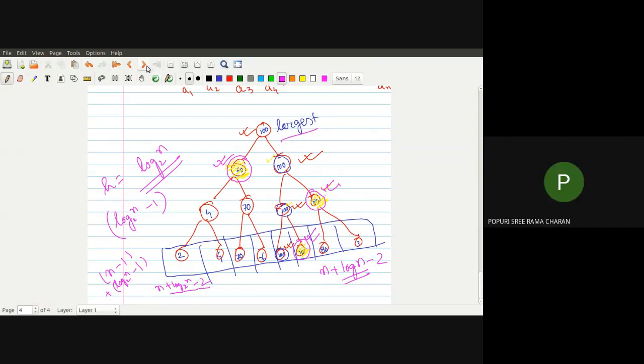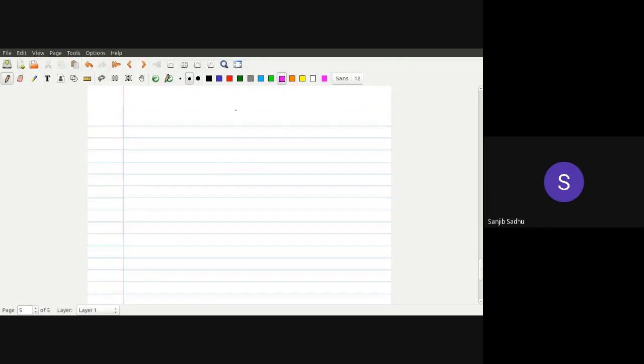Sir, why are we comparing time complexities of two different problems? No, not different problems. I am saying that you can design the largest and second largest just like the previous one. I have not shown it, but you can apply the same technique. This is the array, and you are dividing it.